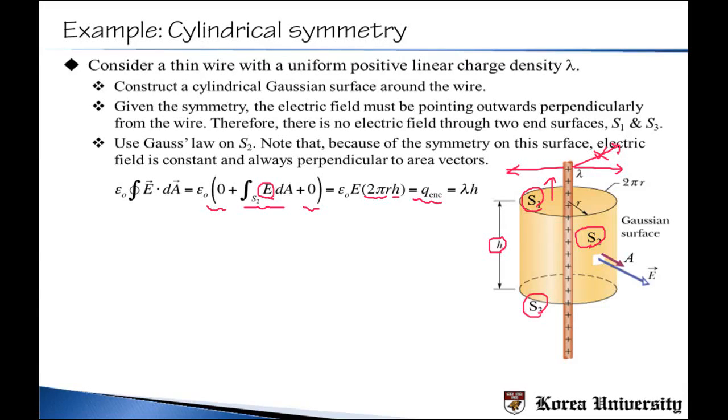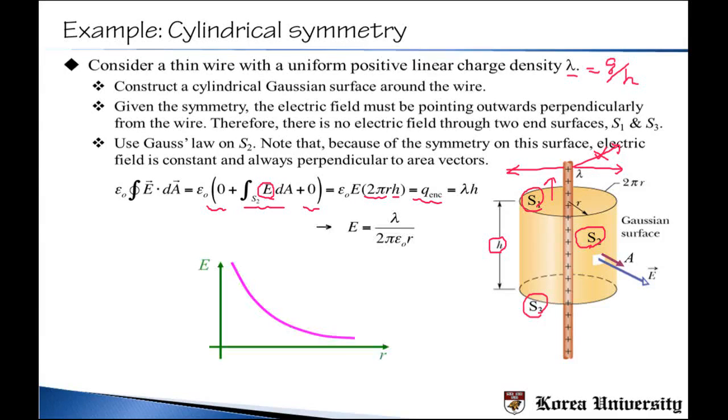We said the charge density is lambda, which is the charge q divided by any length, in this case h. So instead of q, we can write lambda h. Using the same logic, the h drops from both sides, so E will be lambda divided by 2 pi epsilon naught r.